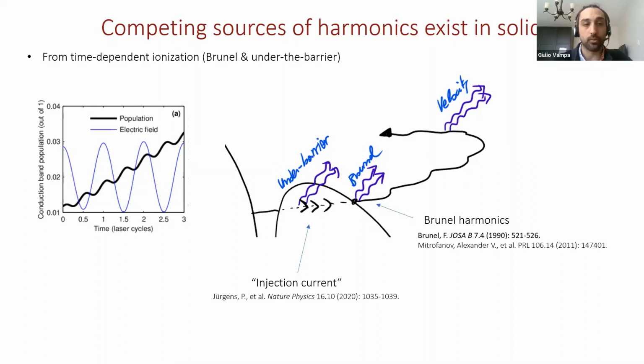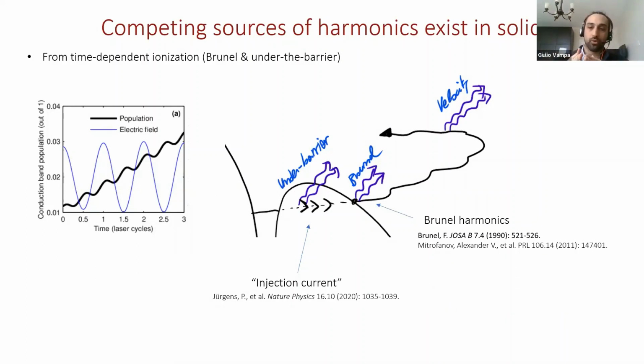Even more recently there was another demonstration where they looked at what happens as the electron tunnels out of the barrier, and what they found is that the contribution to the current mostly comes not from the Brunel contribution in their case, which is the real current. Once the electron is born into the continuum, then there is a jumping current. But it happens as the electron tunnels.